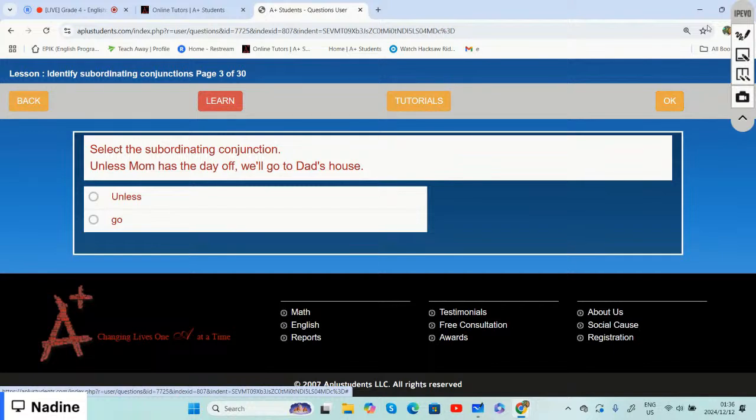And if we were to select the correct option, it says, unless my mom has the day off, we'll go to Dad's house. Unless.